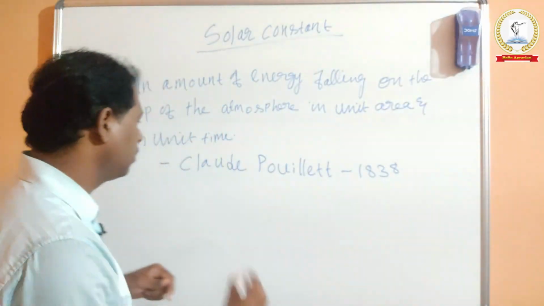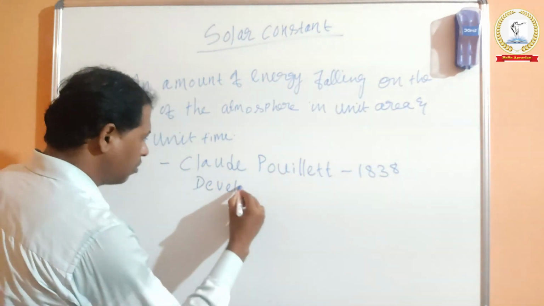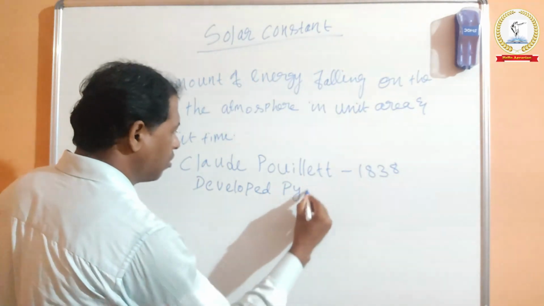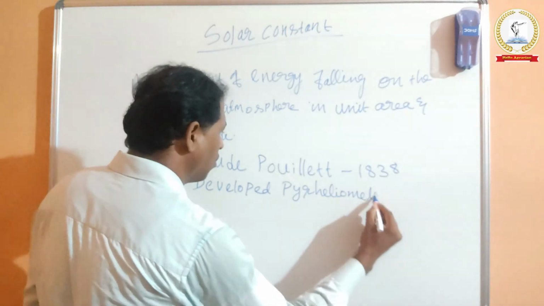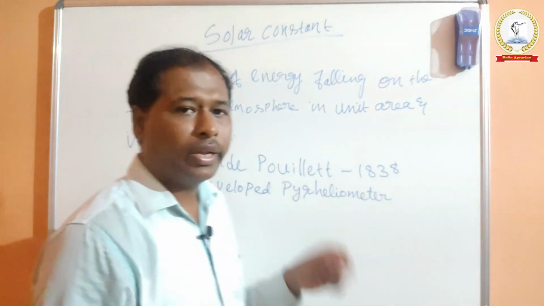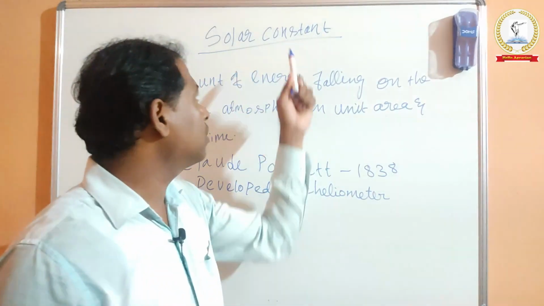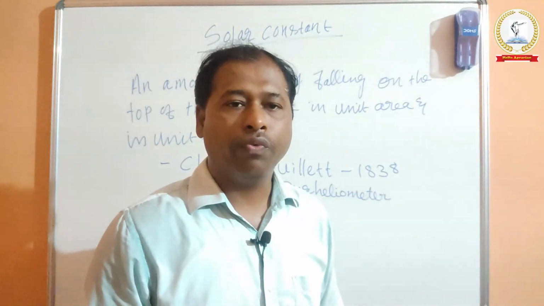He also developed the pyrheliometer in 1838. You see, the value of this solar constant varies year round because of two factors.